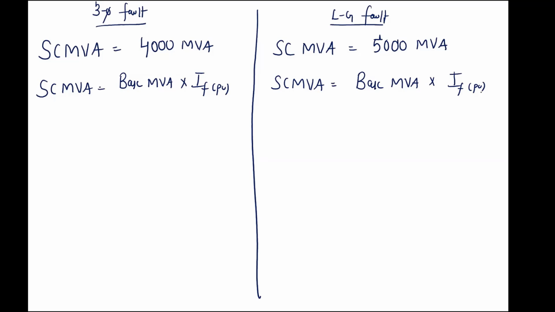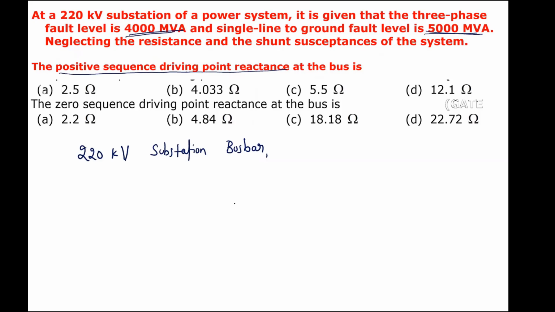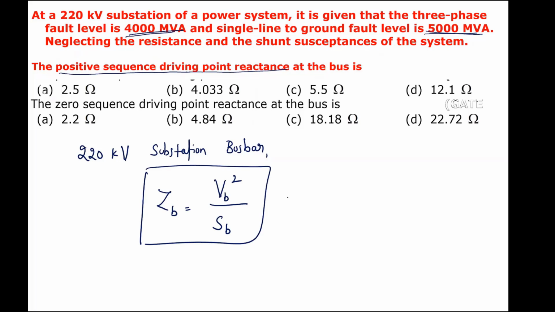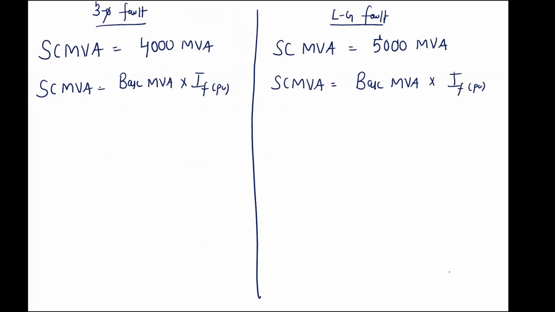If you recollect your per unit system, Z base is equal to VB square divided by S base. So from this I can write S base as base voltage square divided by Z base. I am taking this from the per unit system which we have learned.